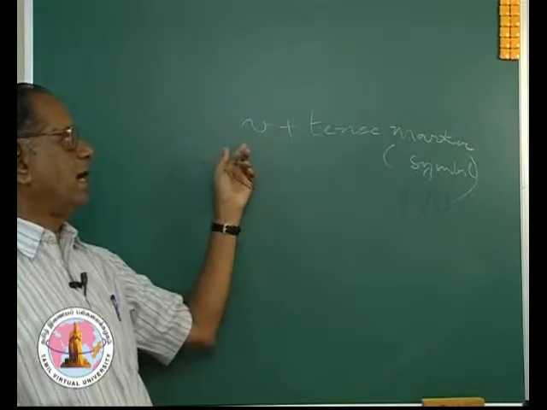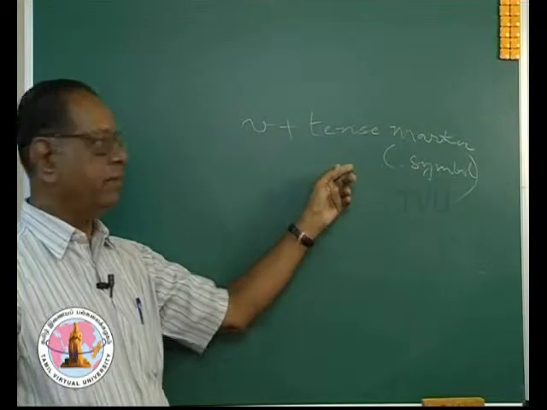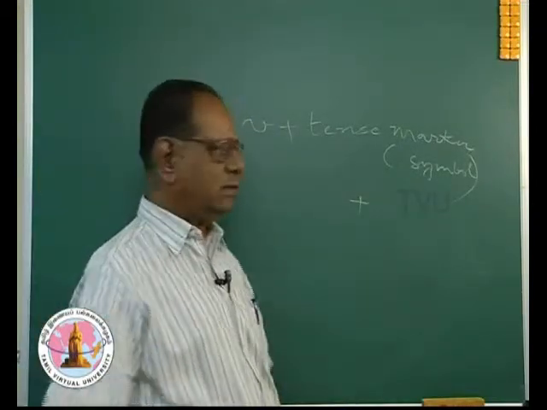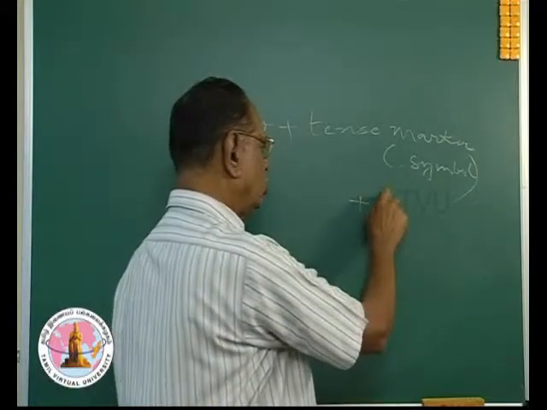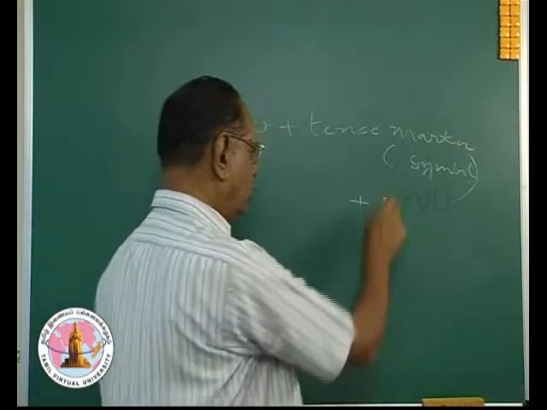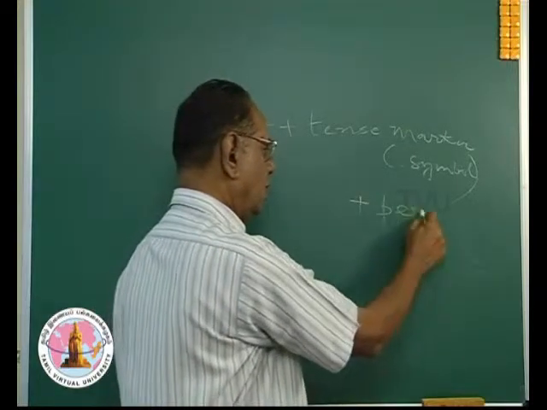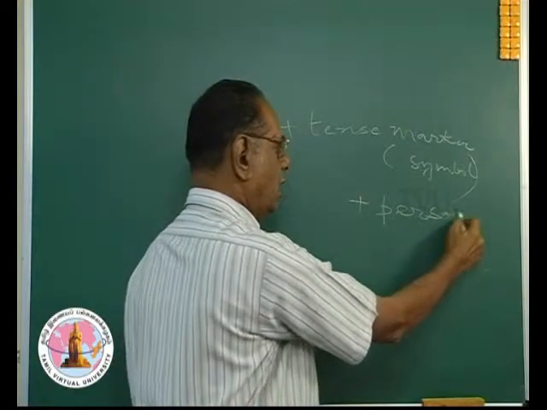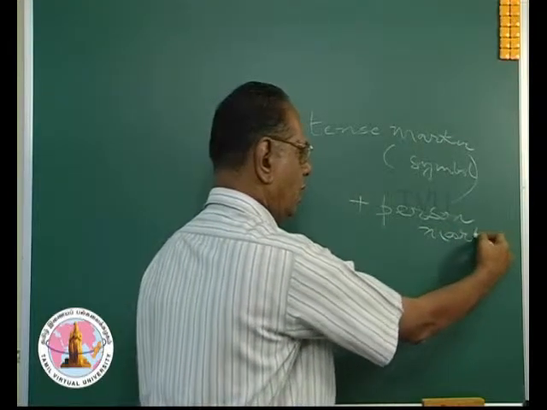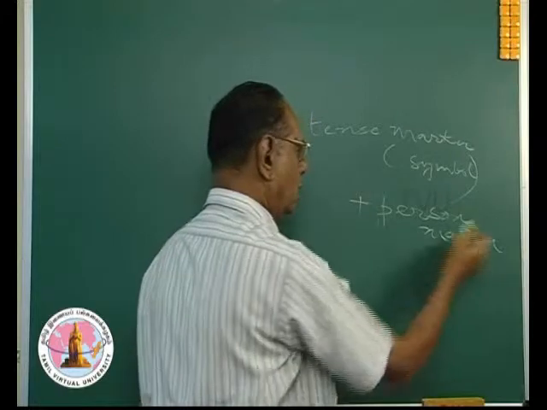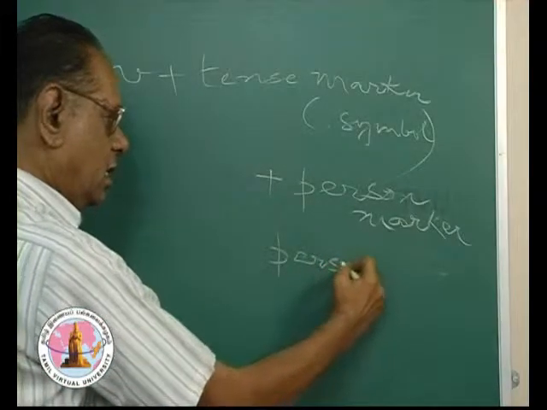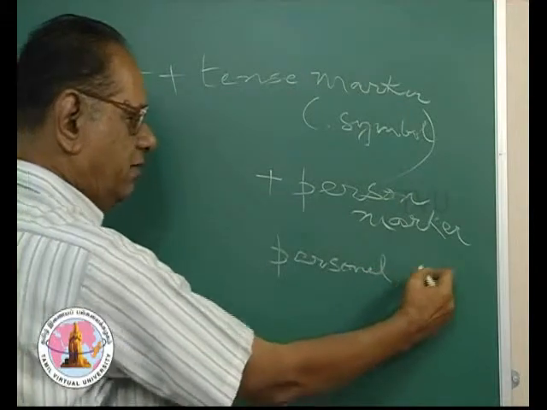A verb denotes action, tense denotes time, plus there will be another suffix which denotes the subject, the details of the subject. So we can call it a person marker or a personal suffix.